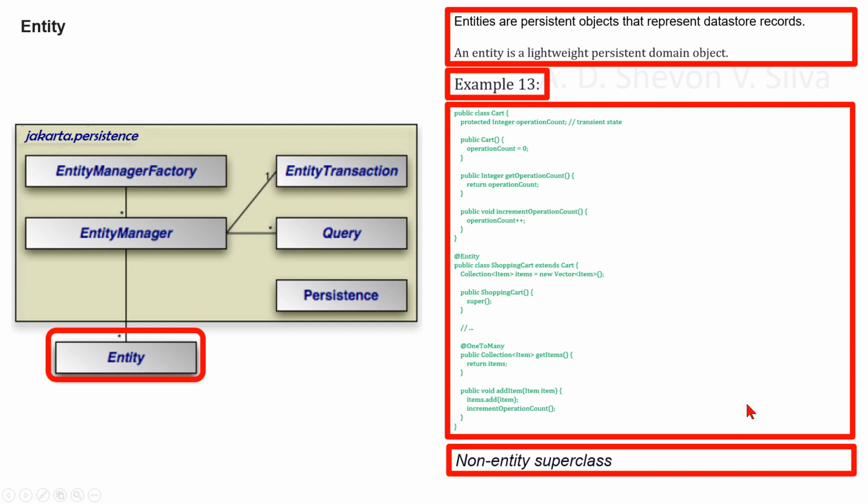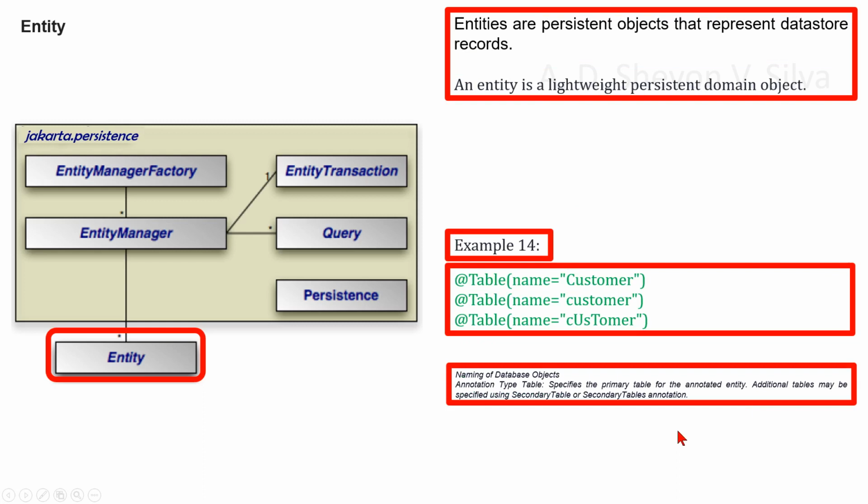As an example 14, we can consider naming of database objects. Here the annotation type Table specifies the primary table for the annotated entity. Additional tables may be specified using the SecondaryTable or SecondaryTables annotations.